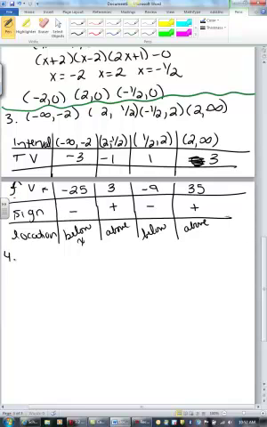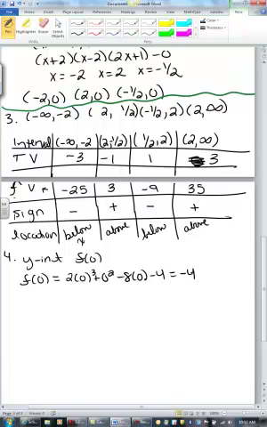Okay, so step 4 is to determine the y-intercept, and we do that by finding f of 0. So f of 0 equals 2 times 0 cubed plus 0 squared minus 8 times 0 minus 4. And that gives us a value of -4. So our y-intercept is the point 0, -4. So what we've done is we have pulled together a whole bunch of points, right?